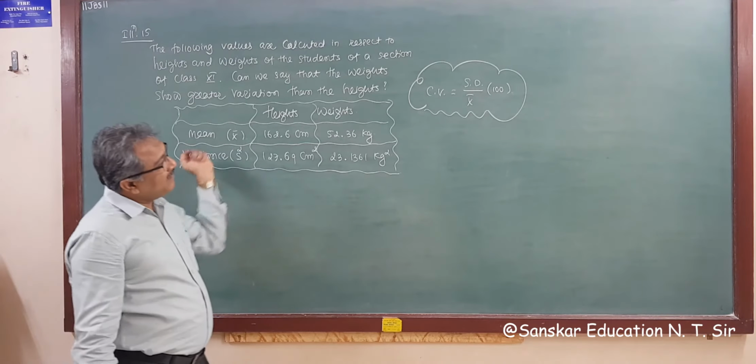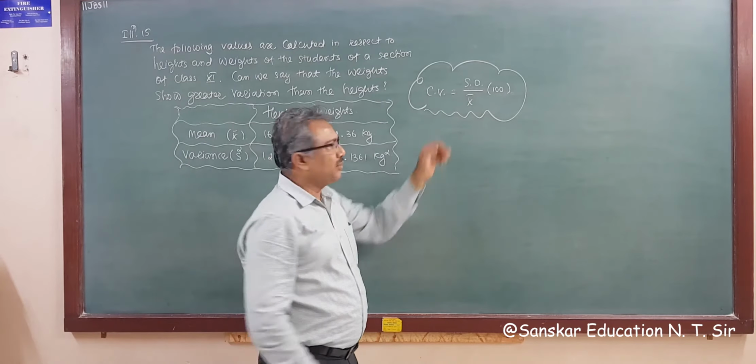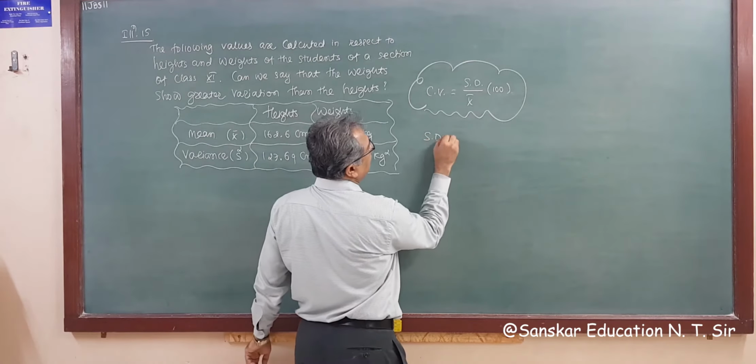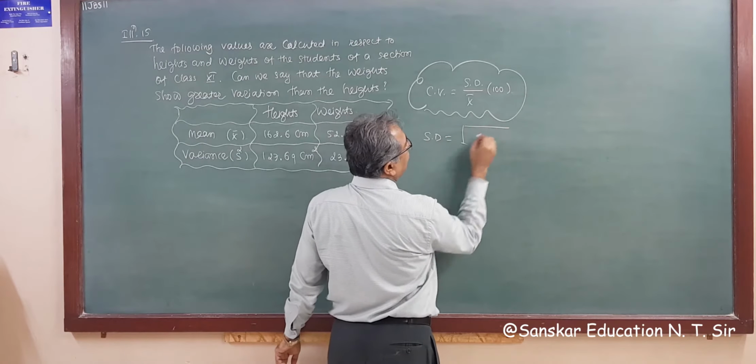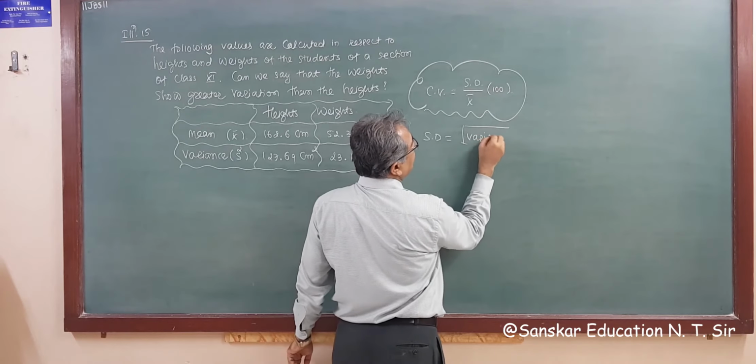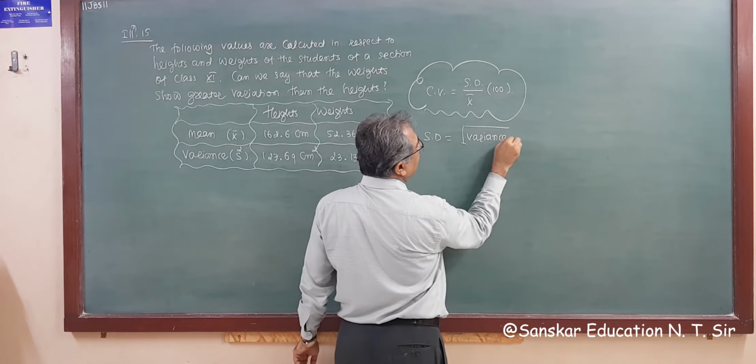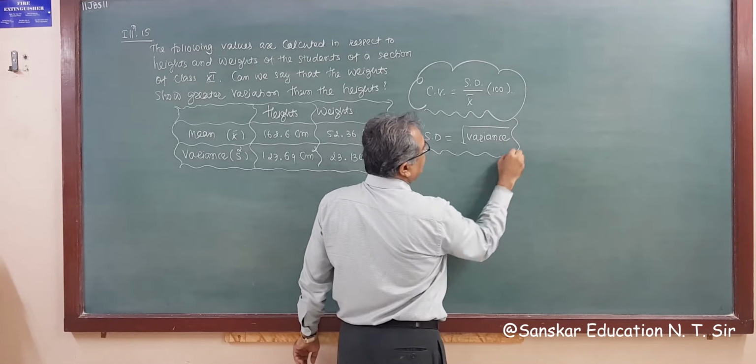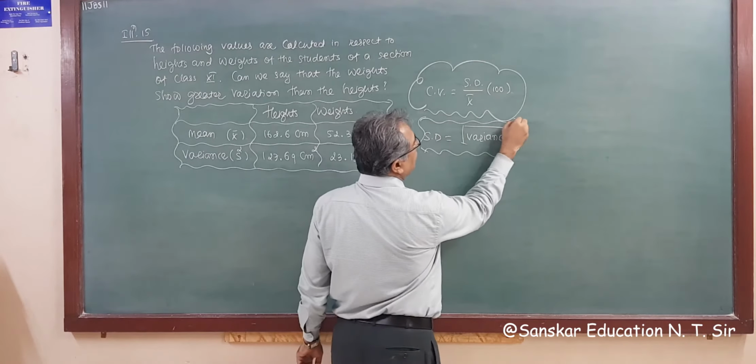Now we require the standard deviation, and you know standard deviation is equal to the positive square root of variance. This is a known formula for you.